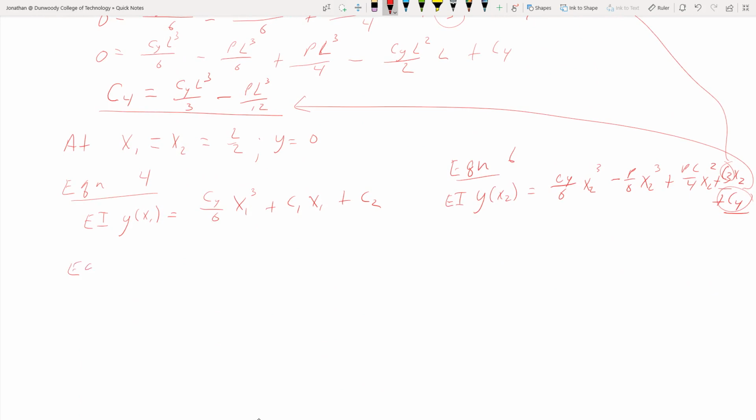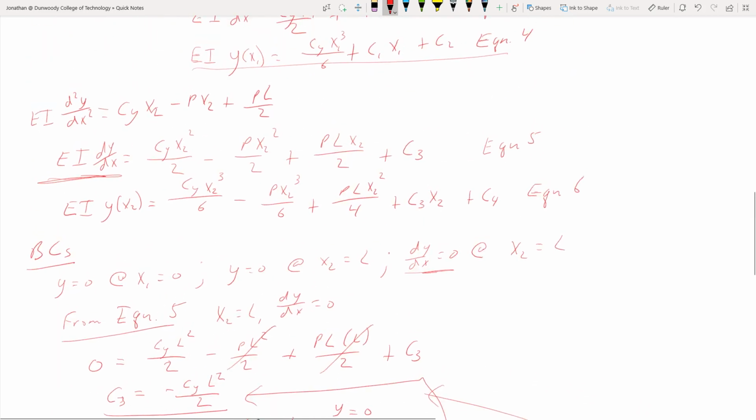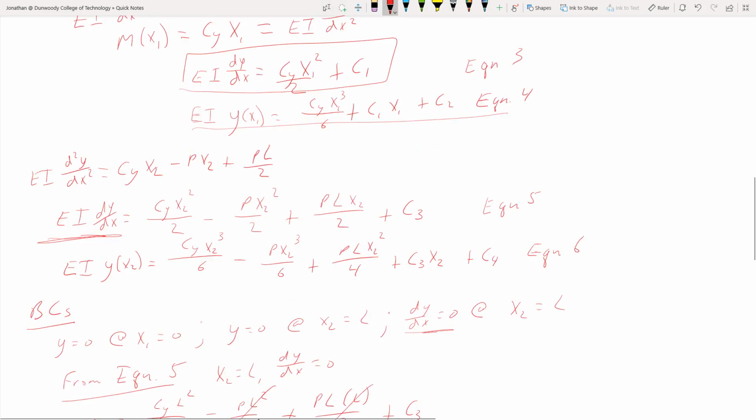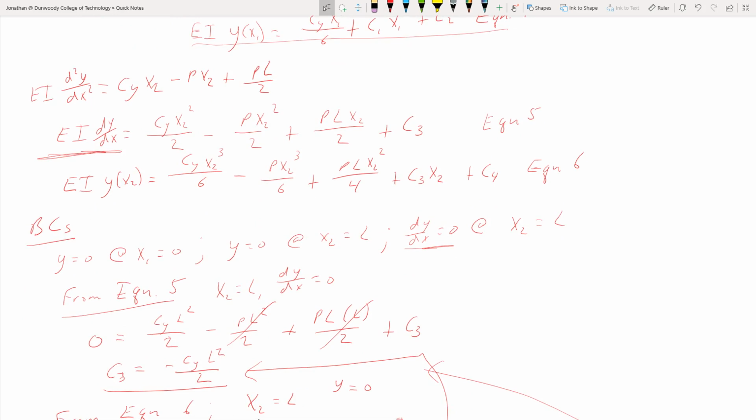From equation 3, this would be equal to equation 4 at x1 equals x2 is L over 2. So going back to that equation, what do we have? So dy/dx from x1 is Cy x1 squared over 2 plus C1. And the other equation is going to be from this guy, so this will get me C1.